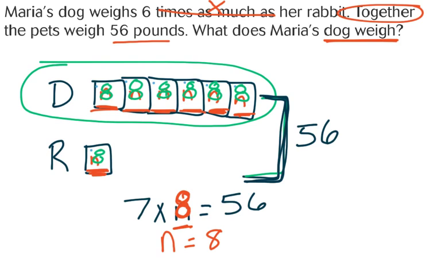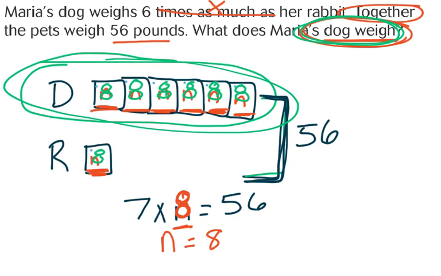Now, the question that this problem was asking me was, what does Maria's dog weigh? That's what I need to find. I need to figure out how much her dog weighs, which is why I circled her dog to help remind me that's what I'm looking for. So let's solve that problem. Let's come up with an equation to solve for her dog. How many 8's do I have? 1, 2, 3, 4, 5, 6.